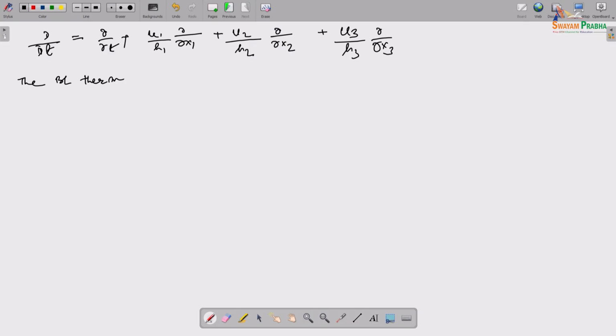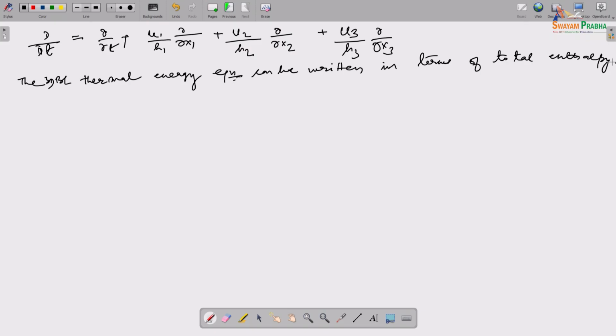Okay. Now finally, the boundary layer thermal energy. So the 3D boundary layer thermal energy equation can be written in terms of the total enthalpy.